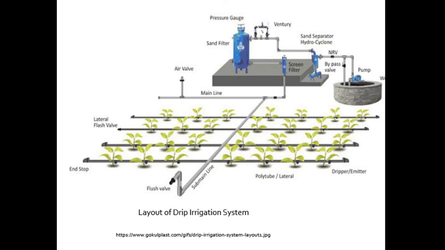These systems require careful study of all the relevant factors like the topography of land, soil, water, crop and agroclimatic conditions, and suitability of the drip irrigation system and its components.